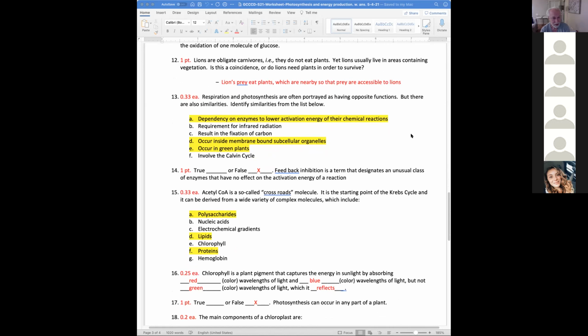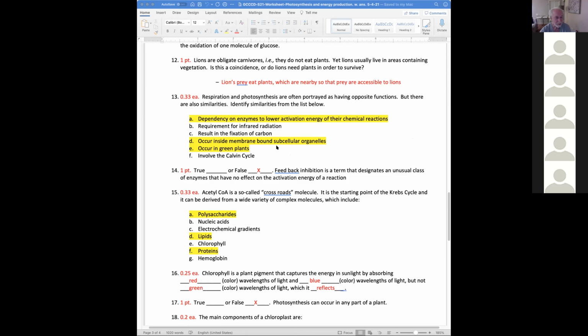Respiration and photosynthesis have generally opposite functions, but there are some similarities. What are they? Well, they both depend on enzymes. They don't both fix carbon. Which one fixes carbon? We just talked about it. Calvin cycle. Right, which is part of photosynthesis.